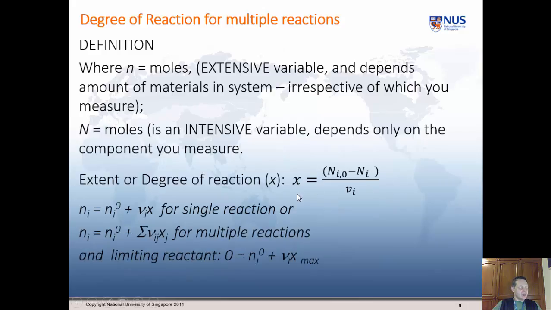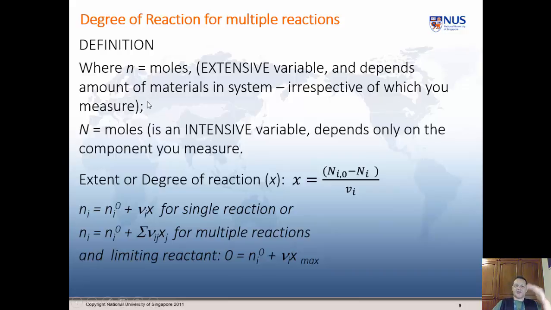Okay, let's continue moving forward. Now, again, degree of reaction for multiple reactions and definitions. N is the number of moles. It's an extensive variable. It depends on the amount of material in the system, irrespective of which one you measure. It can also stand for molecules as well.